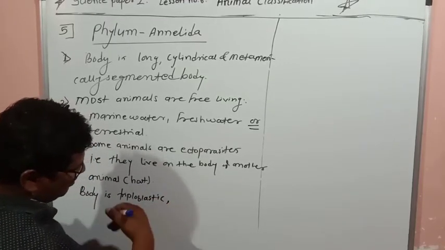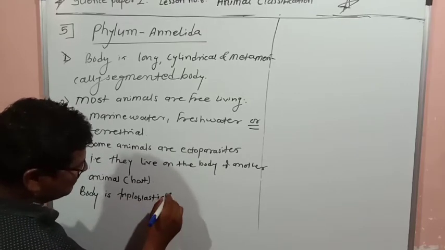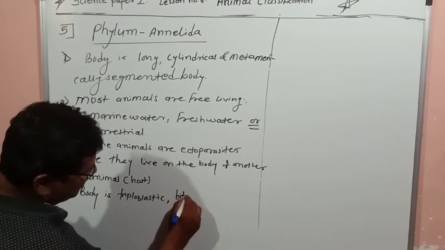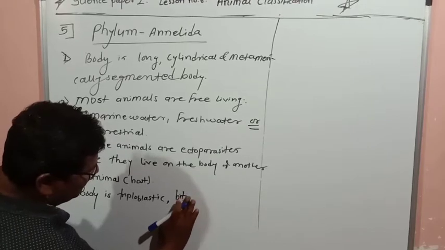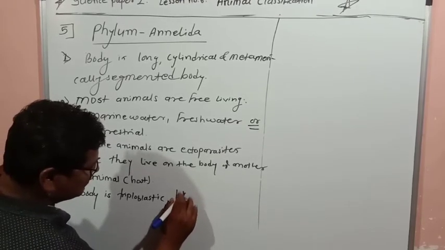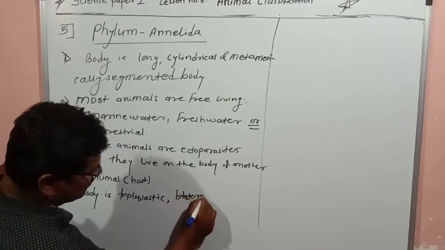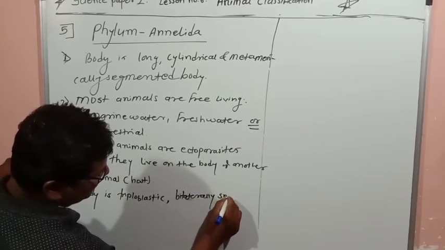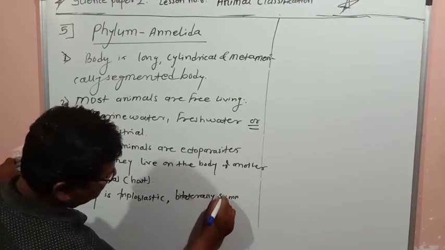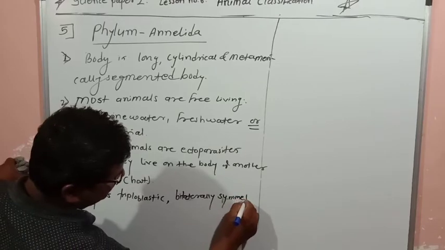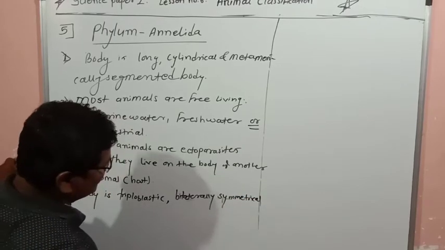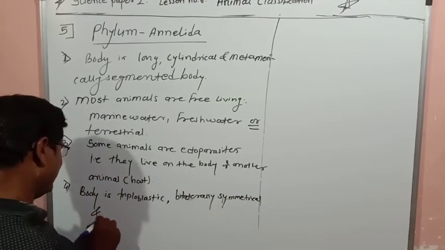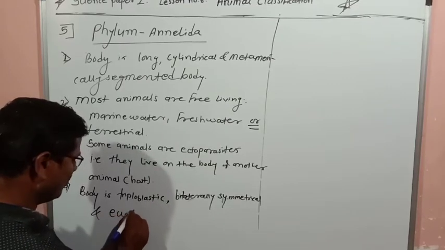Again, the body is bilaterally symmetrical and eucoelomate.